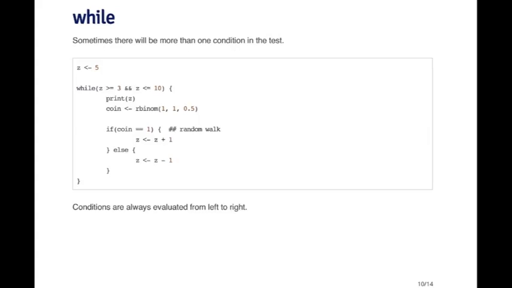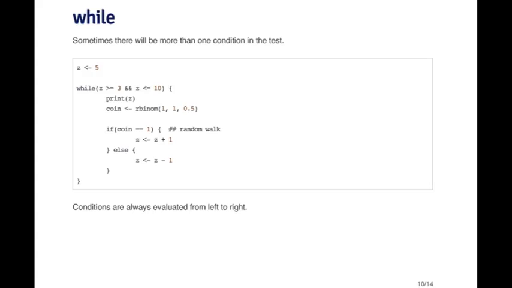So you can test multiple conditions in a while loop or in any type of construct like an if statement, for example, by using the logical operators. So here I've got a variable z, which I initialized to the value 5, and the condition for the while loop is basically while z is greater than or equal to 3 and less than or equal to 10. So while it's between the values of 3 and 10, what I'm going to do is print the value of z.